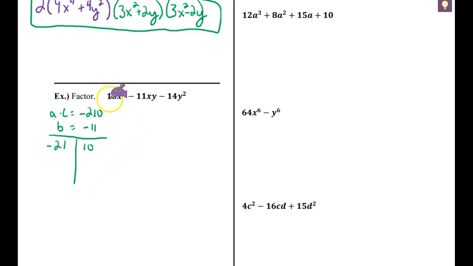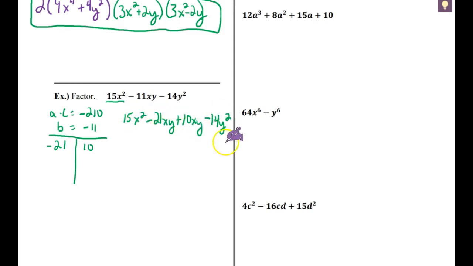So now, because this front coefficient was not 1, I do not go into my parentheses. I have to break up that middle term. So 15x squared, and instead of writing negative 11xy, I'm going to write minus 21xy plus 10xy. Those will add up to negative 11xy. And then my last term stays the same.